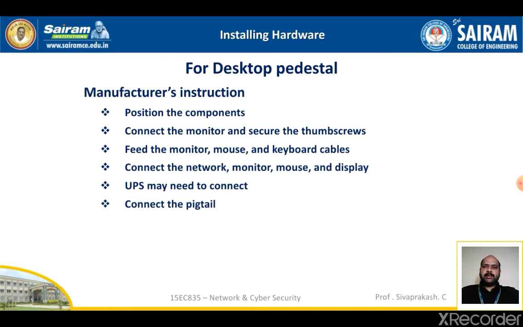While connecting the pigtail to the pedestal, then connect it to the UPS. Connect the UPS to the electrical outlet, turn on the UPS, and double check whether all the cable connections are properly connected. Then you can try the switching operation.